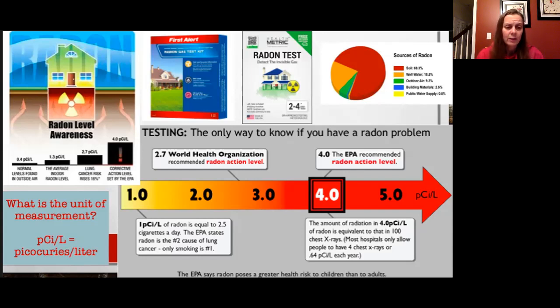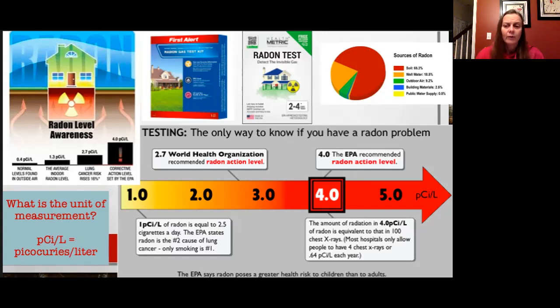It's measured in radiation units called picocuries per liter. The recommended action level by the World Health Organization is 2.7 picocuries per liter. The EPA recommended action level is 4.0 picocuries per liter. And so that would be a very significant radon problem.